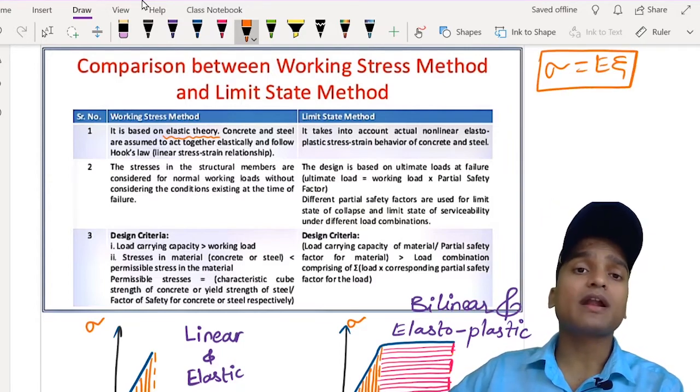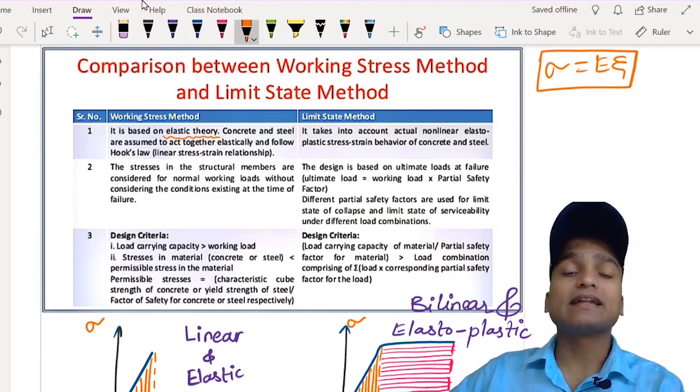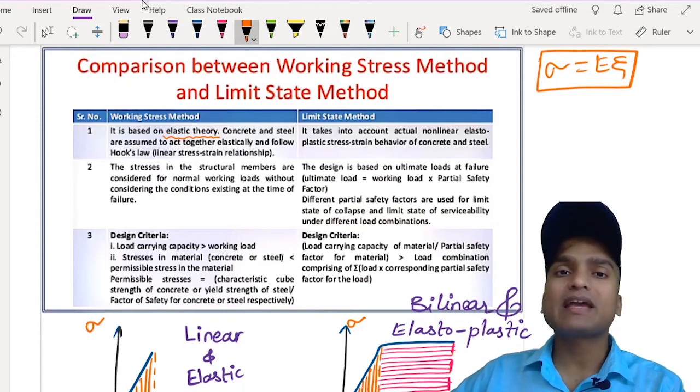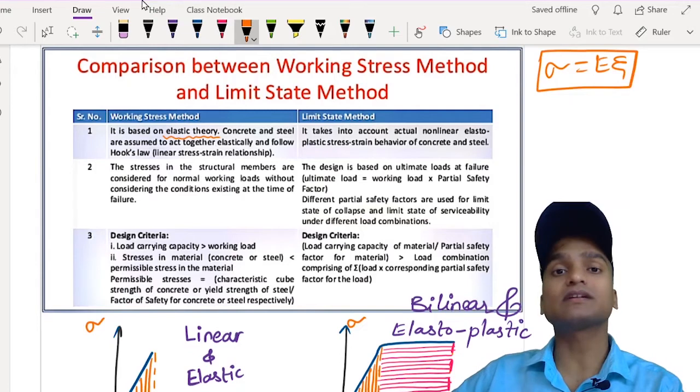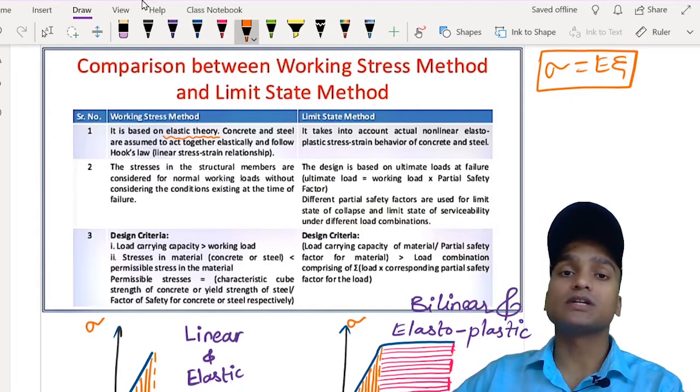But the basic definition of Hooke's law says that this relationship is valid only up to a limit, the proportional limit or at most the elastic limit. But what happens after the elastic limit? The relationship between stress and strain exists, but it doesn't remain linear, it becomes non-linear.